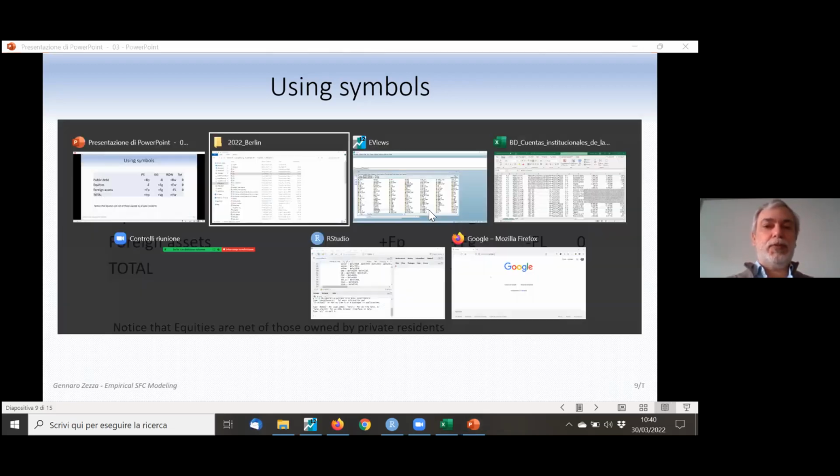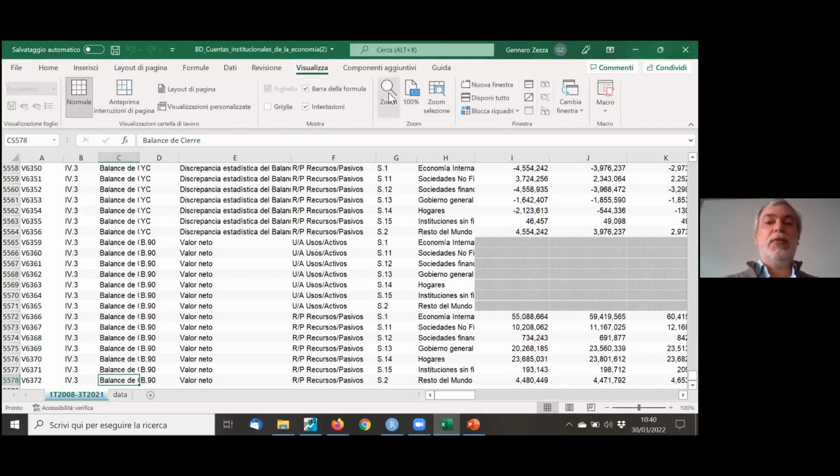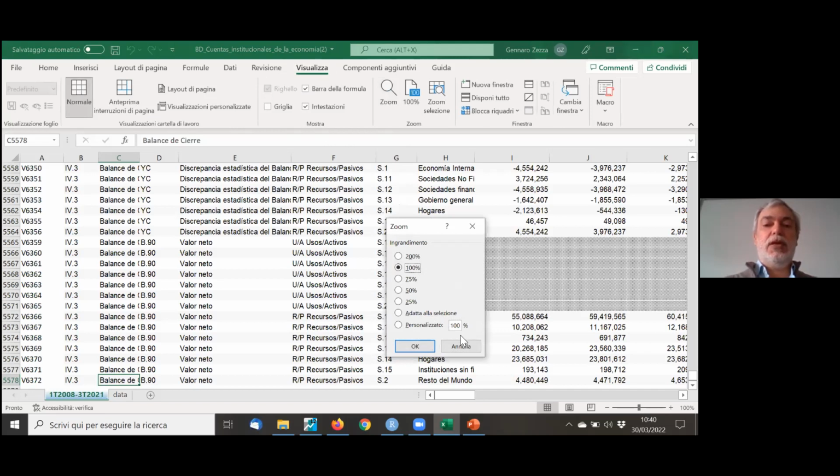So we will need to go back to our huge data set. Let me increase the size somewhat.